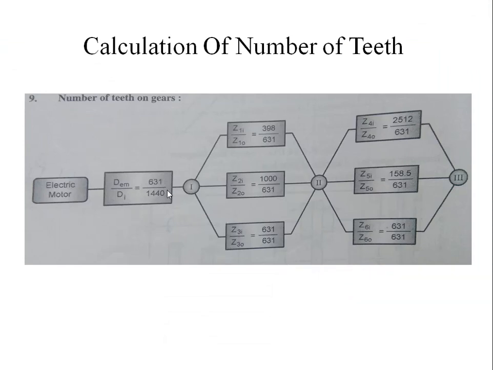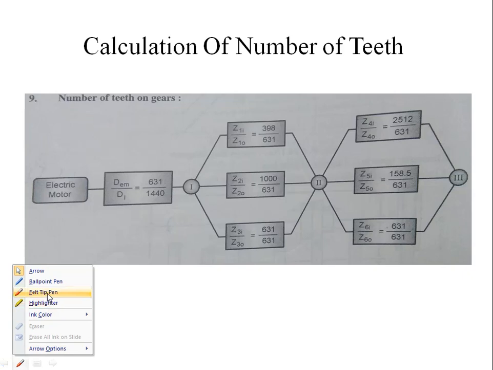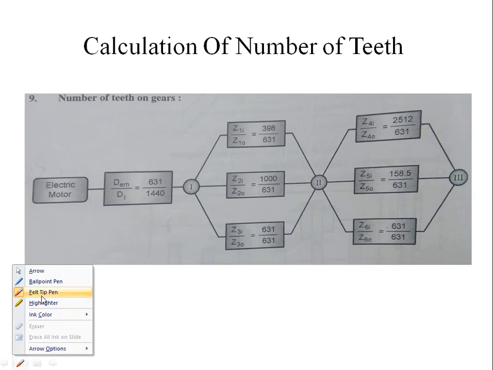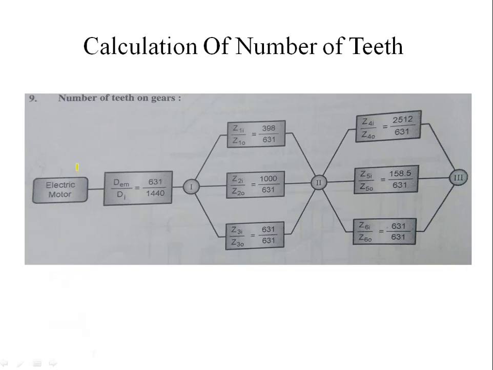The next part is the calculation of the number of teeth. How is the number of teeth on a gear to be calculated? First of all, here is the electric motor. The electric motor is used as the prime mover.